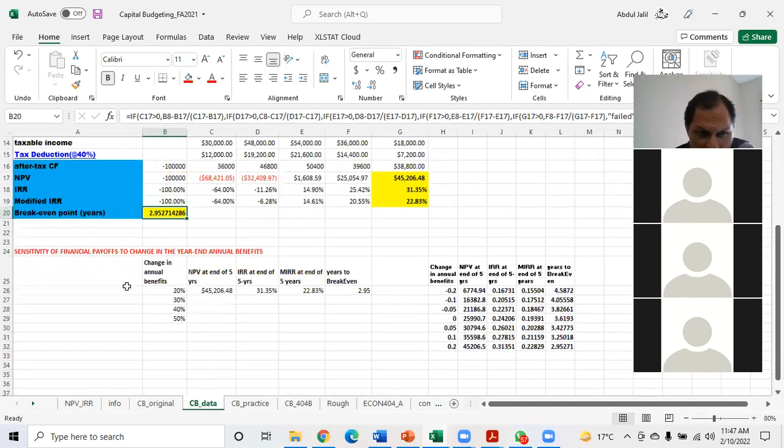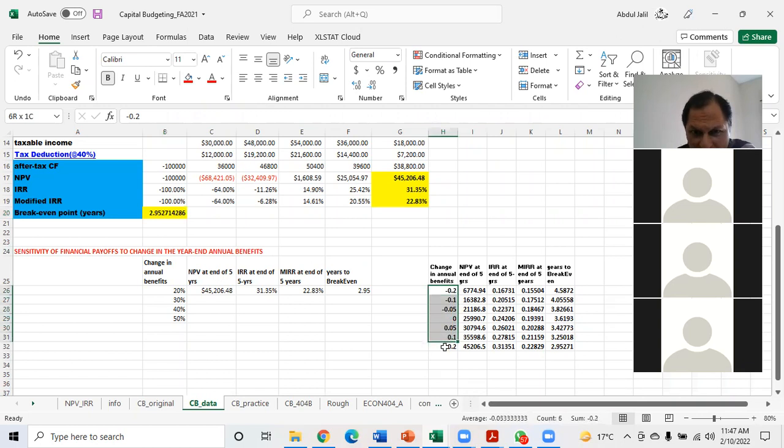So this is the procedure through which you can find out the NPV at the end of the 5th year, IRR, and then you are going to take different variations in the annual benefits, or apply different kinds of changes in benefits, right? You can apply these changes in terms of benefits, in terms of taxes, in terms of discount rate, and accordingly you can record all the values.